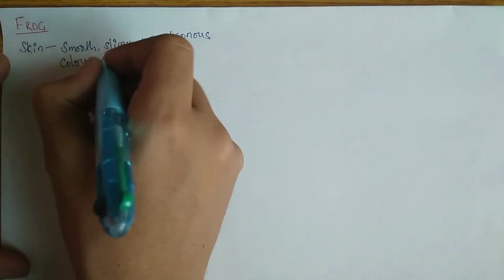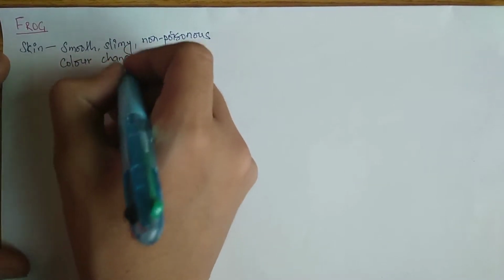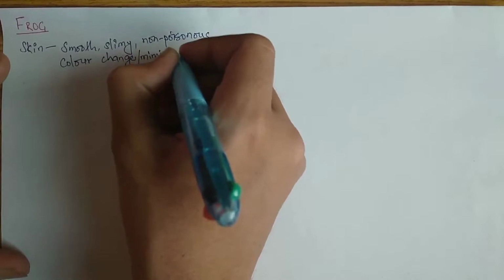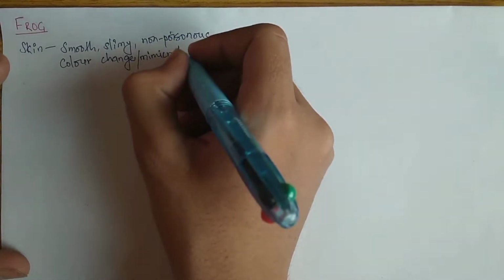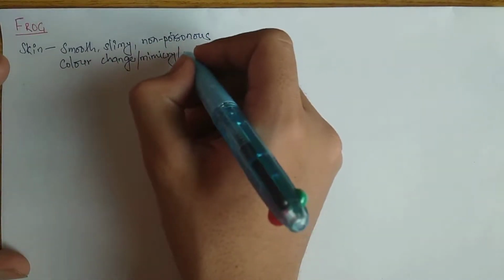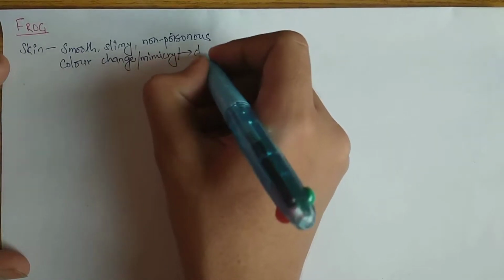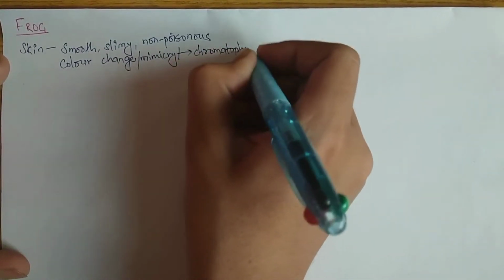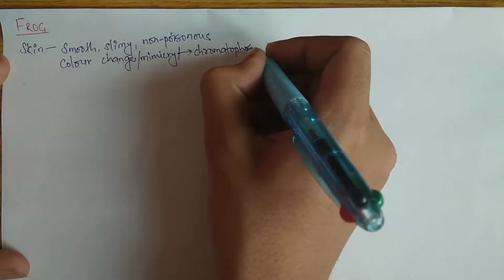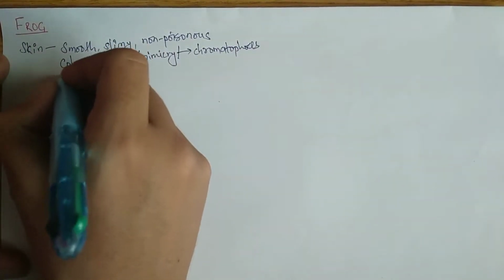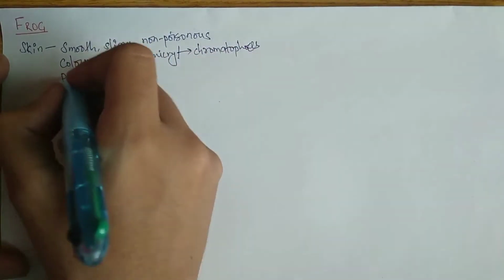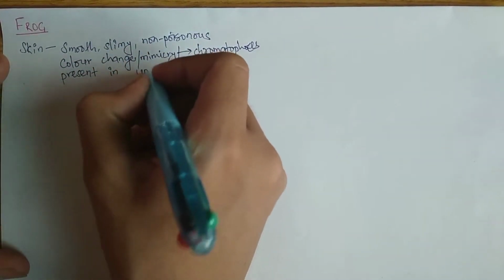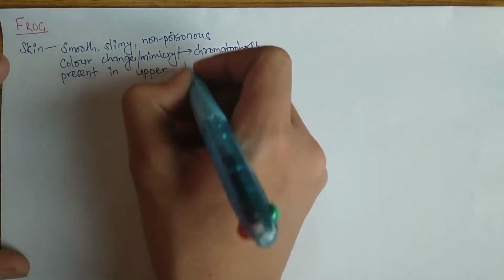Color change or mimicry is due to chromatophores. Chromatophores are present in the upper dermis.